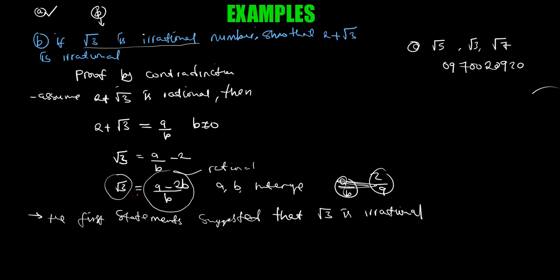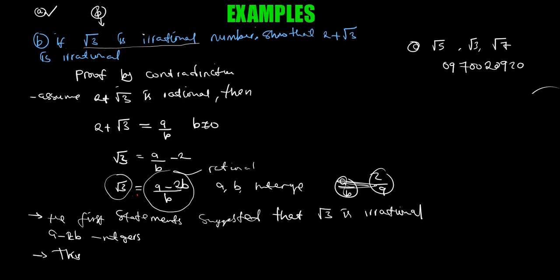So since it is irrational, and where these ones are just integers, this a over b is an integer, also we can just say a minus 2b there is just an integer. These are just integers. Then this contradicts.